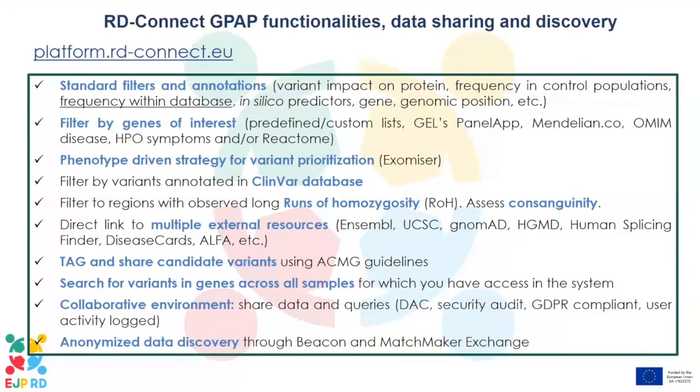We have tools such as Exomiser for variant prioritization that are integrated in the system, and links to multiple external resources at the gene or the variant level. We'll see that later. And then we have several functionalities that help this collaborative environment and the search across all the data that is in RD-Connect, or data discovery using Beacon or Matchmaker Exchange.